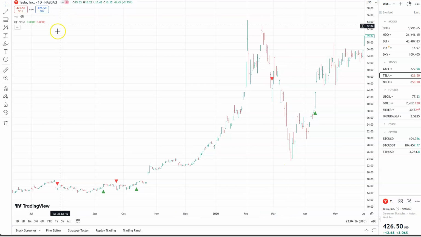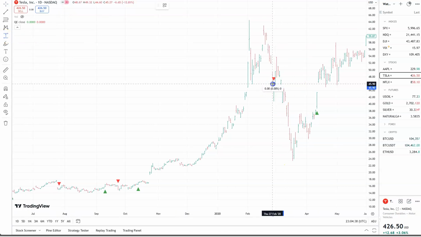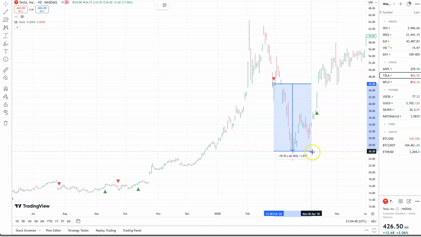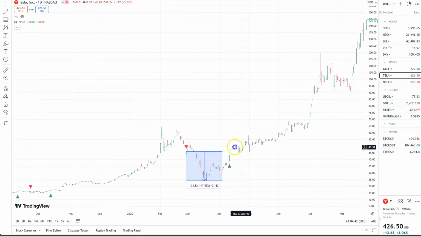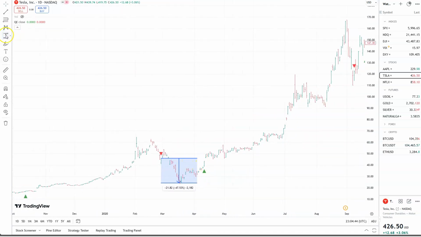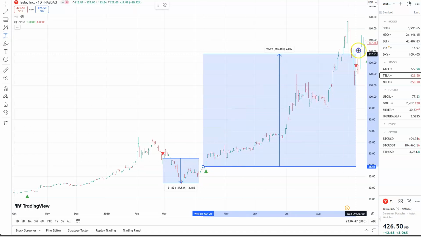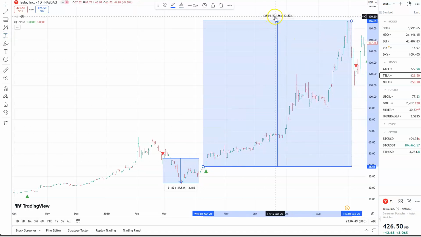So it saved you from all this drawdown of 47%, and then it has a buy signal, and it lets you in. It made a 331% move. Again, you didn't know this 331% move was coming, but this indicator captures any big move that happens, and it tries to keep you in that position for as long as possible.